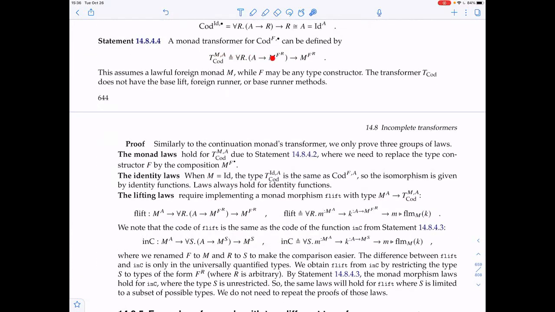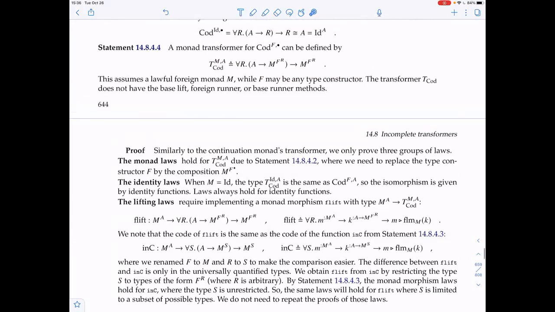So it has an M composed with this FR, but only in this way, not F of MR, but M of FR, because F could be any type constructor, not necessarily a functor. So this transformer also, like a continuation monad transformer, doesn't have a base lift and other methods. So if you use that monad's transformer, then you cannot really use it. You have to put this monad at the end of the stack.